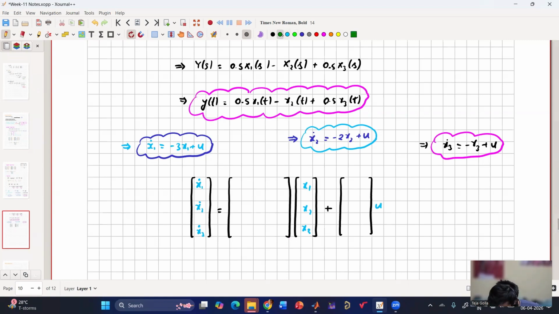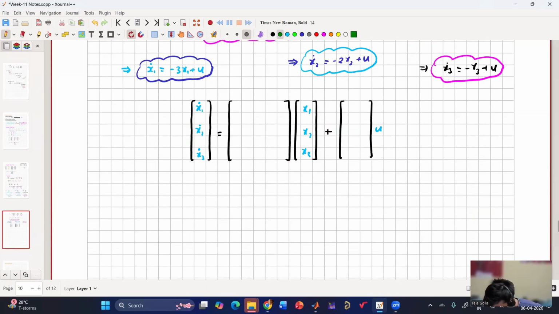Now we have y, which is equal to C, which is a row vector, into x1, x2, x3 plus D, which is 0, into u.